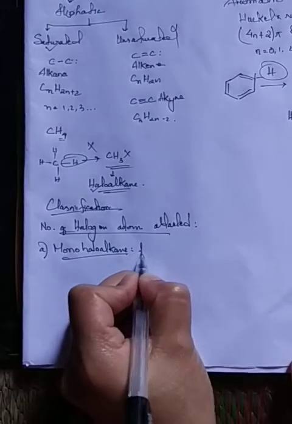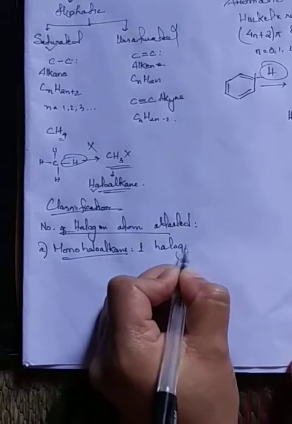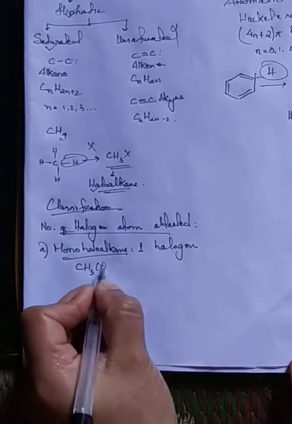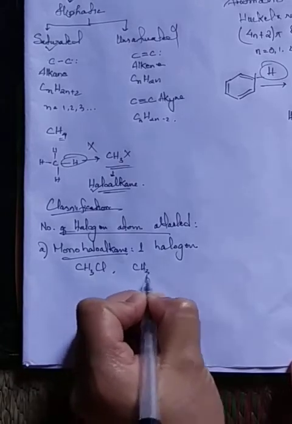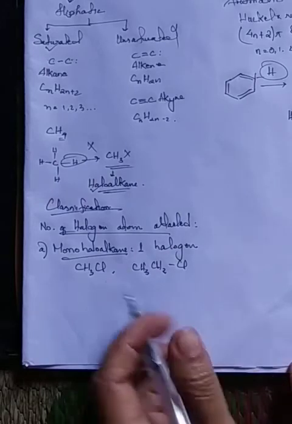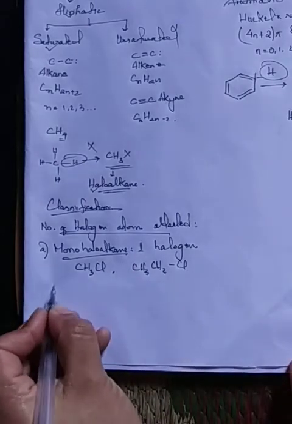Here it will have only one halogen atom, for example CH3Cl, or we can take CH3CH2Cl. These are examples of monohaloalkanes.